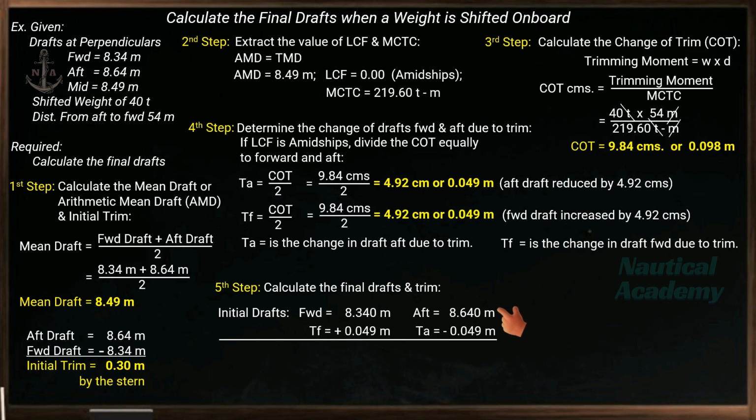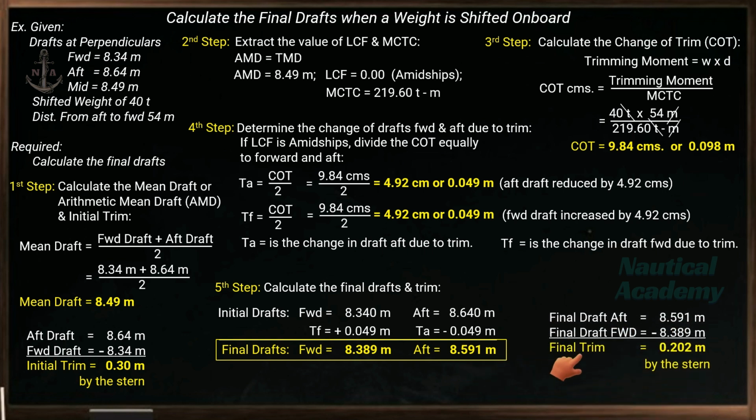The following values have been converted to meters, since the initial drafts are in meters. The final draft forward is 8.389 meters, and the final draft aft is 8.591 meters. And the final trim is 0.202 meter by the stern.